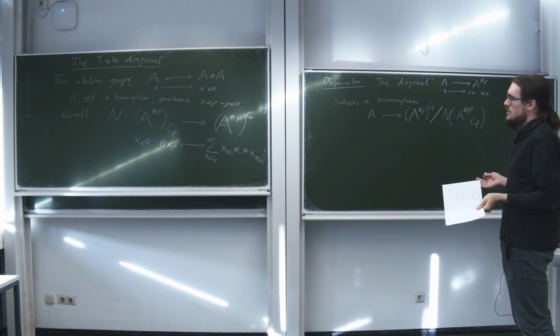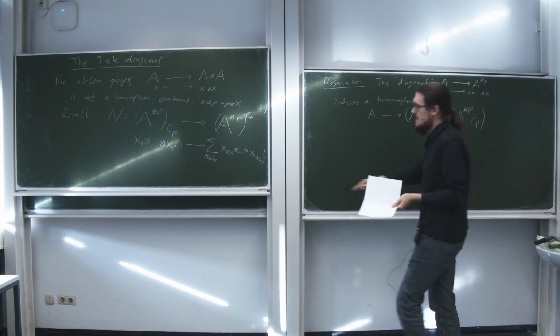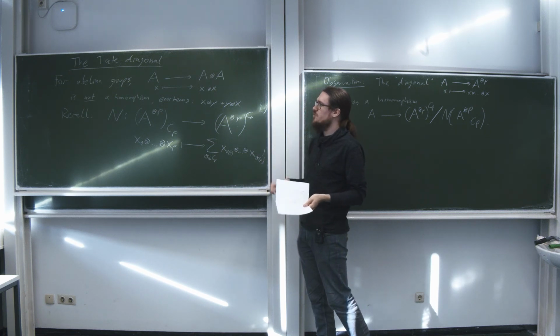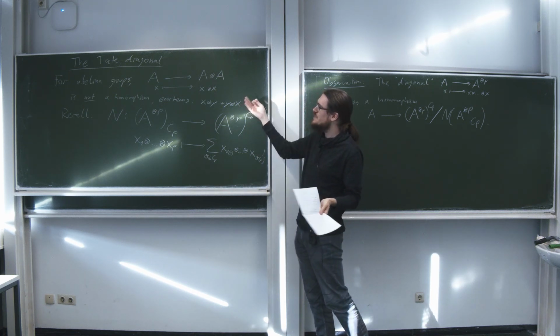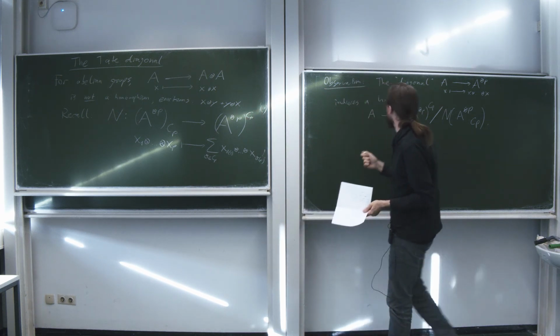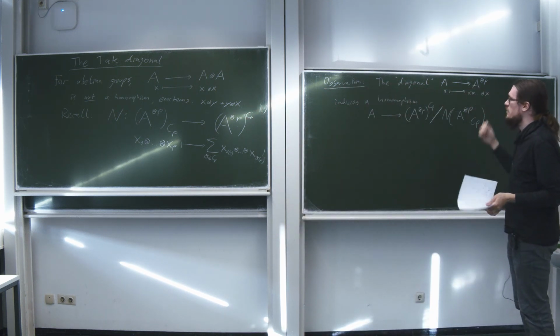In other words, if we divide out by elements in the image of the norm, we really do get a homomorphism. So we're just saying that the error terms that obstruct additivity of this map are in the image of the norm.